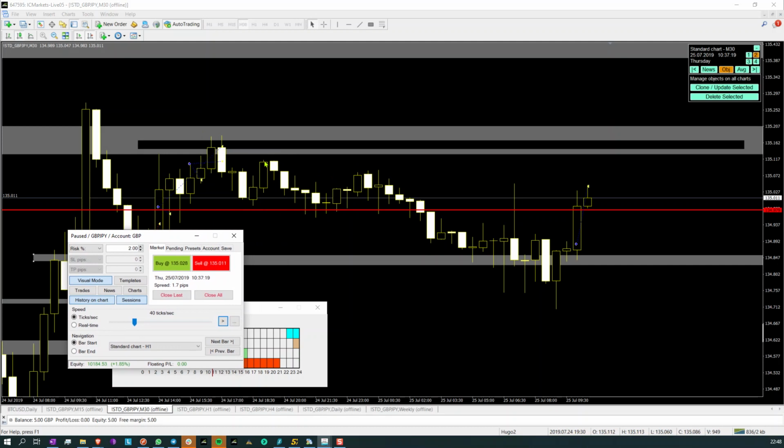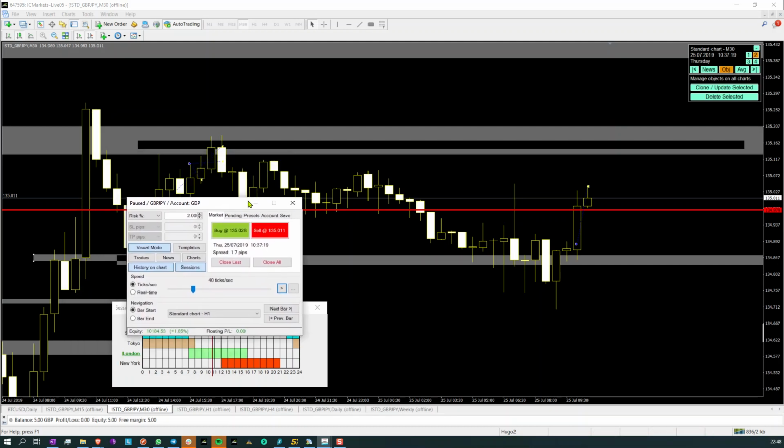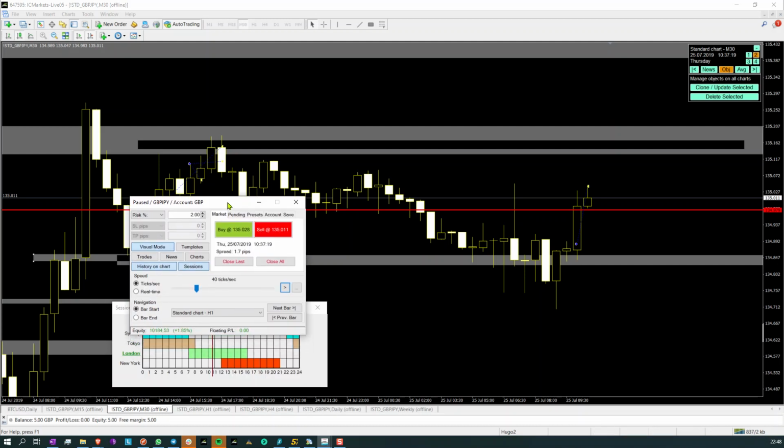Travel zone, travel zone, travel zone, travel zone. Yeah, we might get to the high in there, but yeah, this is risky in my opinion to take a trade in here.